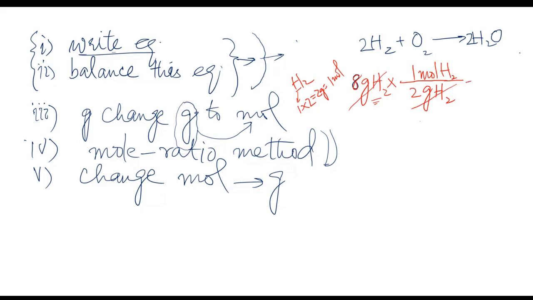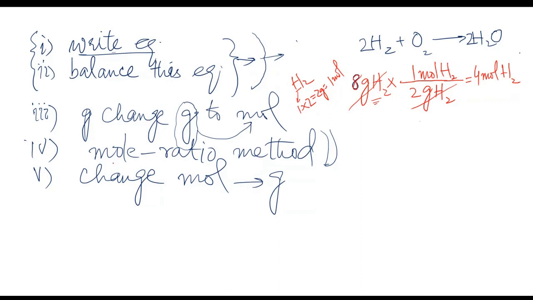When you use calculator, it is 4 mole of hydrogen. Any question, boys? Just we have changed gram to mole. Any problem? Okay, good. Now, this is your step number 3 finished.